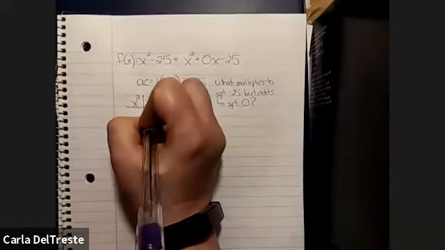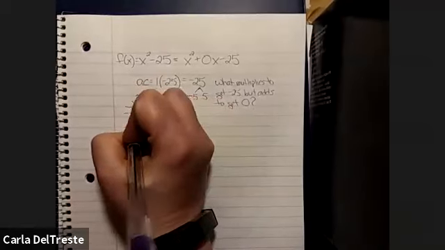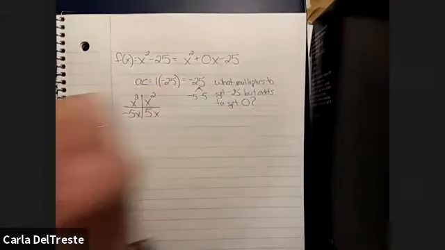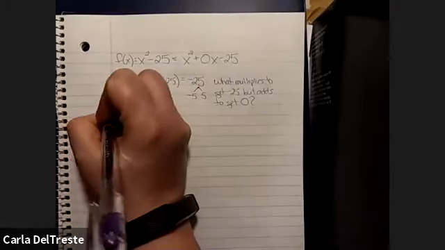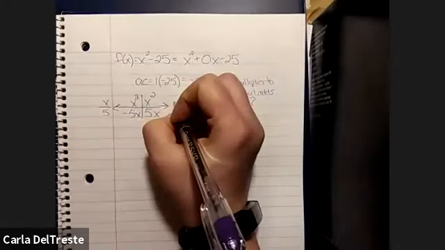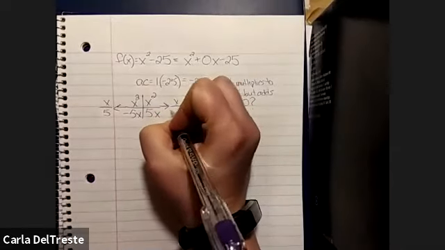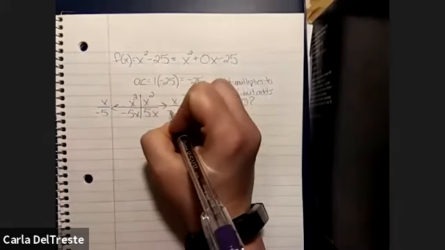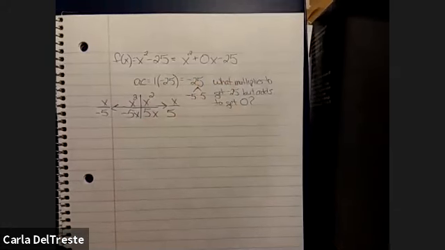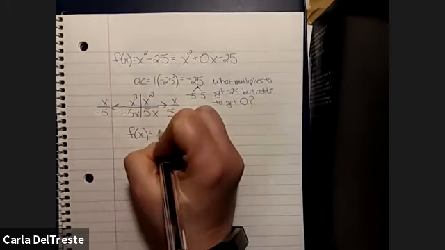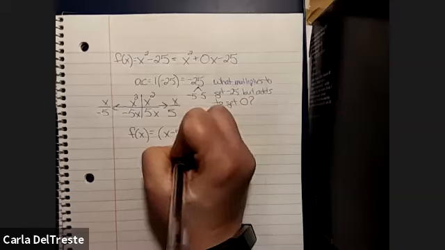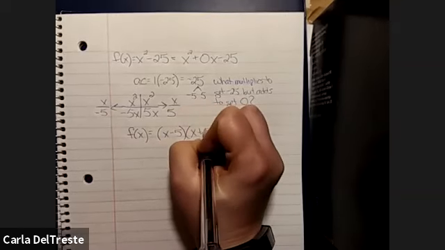The x squared goes on top. Negative 5x and 5x go on the bottom. When I simplify these, the only thing they have in common is x's. So I wind up with x over negative 5, and I wind up with x over 5. And that tells me that my fully factored function is x minus 5 times x plus 5.